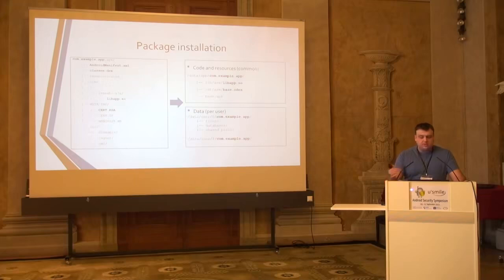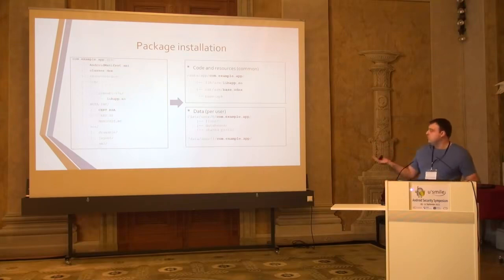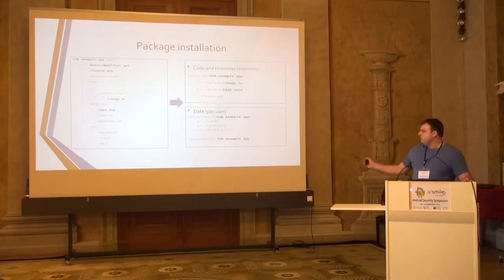And on the other hand, you have data, which is dedicated directories for the app's data. If you have a single user, the application directory will be under data user 0, where 0 is the first owner user. And again, the application package name and different directories for the application's files, databases, and whatnot.